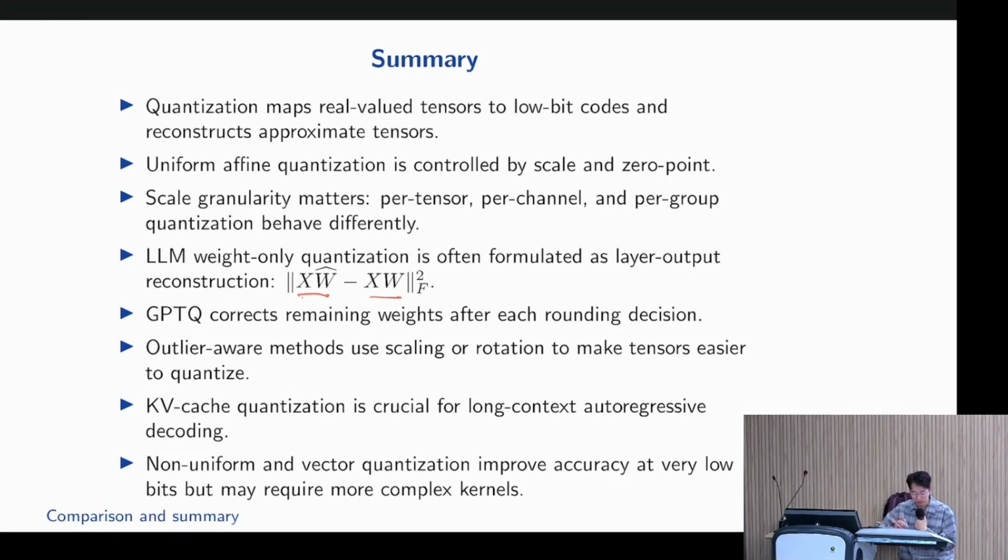We talked about popular approaches like GPTQ, where you freeze one coordinate at a time and solve it using closed-form updates. And KV cache quantization: KV cache size also depends on the number of bits, so just doing 4-bit quantization, you save 4x immediately. And there are trade-offs between non-uniform scalar quantization and vector quantization, trading off accuracy versus throughput.